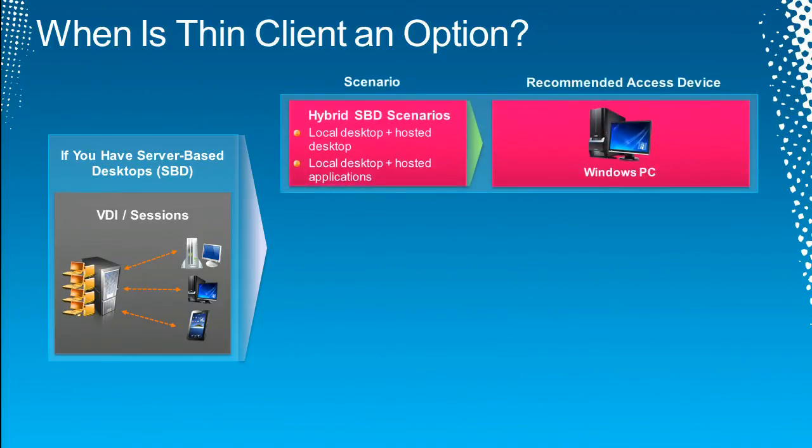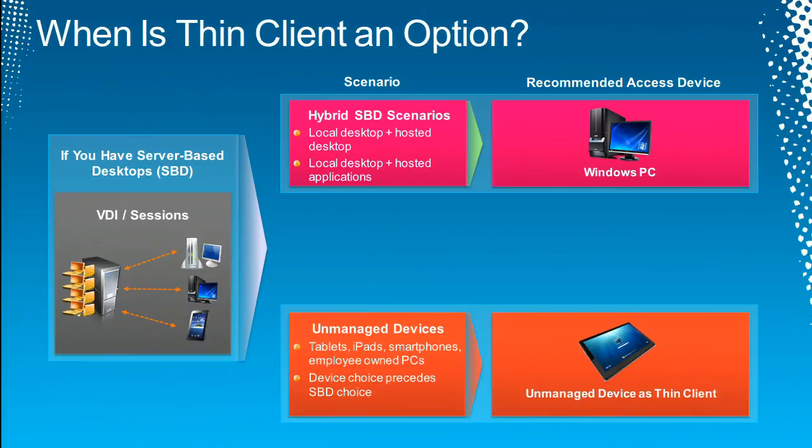So if you are looking at hybrid SBC scenarios, we're going to direct you to go to a PC, because in that case, you're looking for local desktop applications and a local experience that's purely going to be found on a rich client.